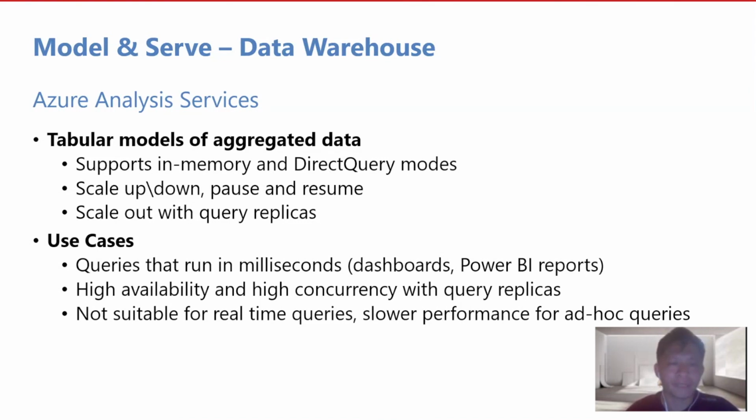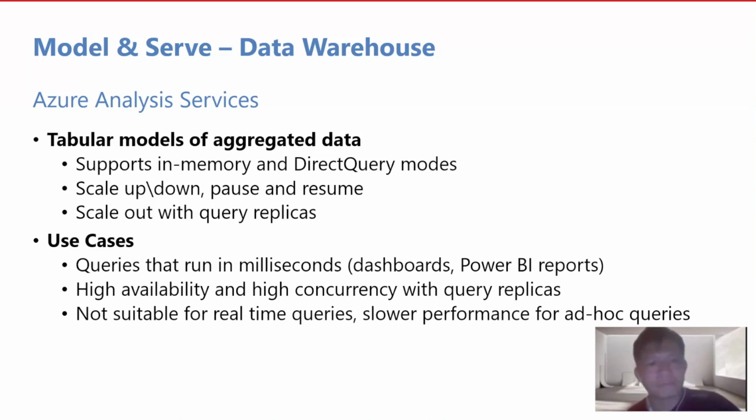Usually this can be integrated with your Power BI reports and dashboards very seamlessly. It also has much higher concurrency compared to Synapse, right? As I mentioned just now, Synapse has a 128 connection limitation. Analysis Services does not have that limit.